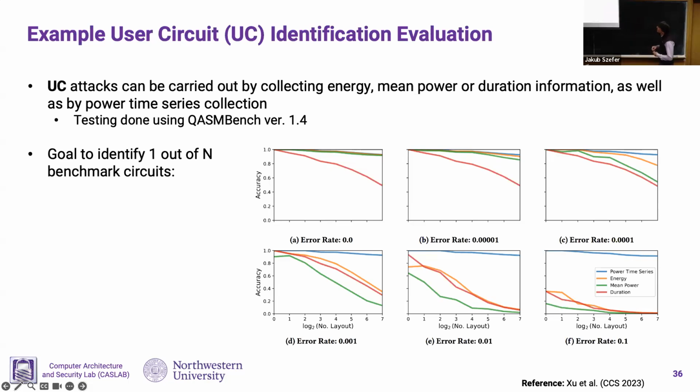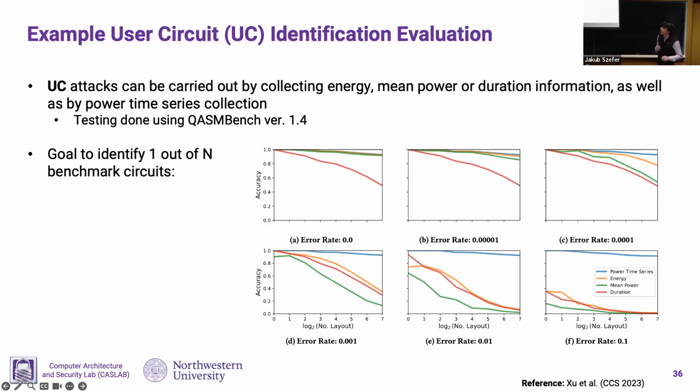And I think the interesting part is basically that even if you look at things just as simple as the duration of the circuit, or the total energy, you can have almost 100% accuracy in terms of identifying the benchmark.